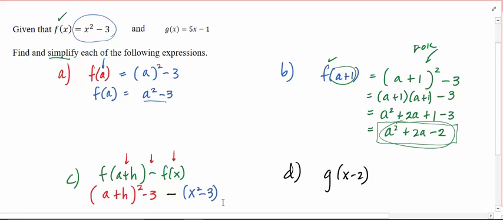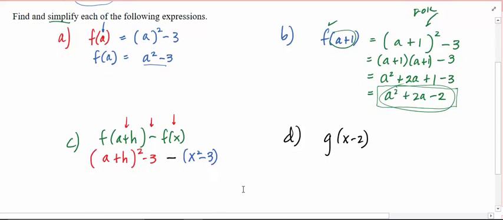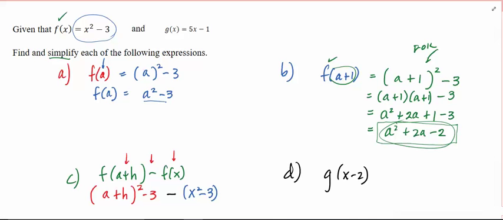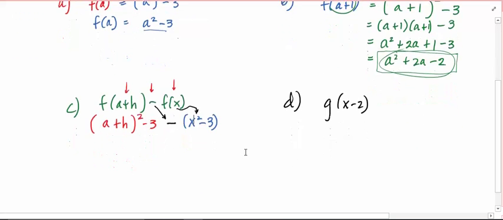Let's just make sure we understand what we just did. They're saying, grab the f of x function, but instead of putting an x in, put in a plus h. Then put a subtraction sign, and then just write down the regular function f of x, which is x squared minus 3. Now we're just going to simplify this.